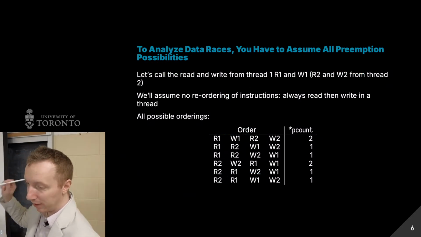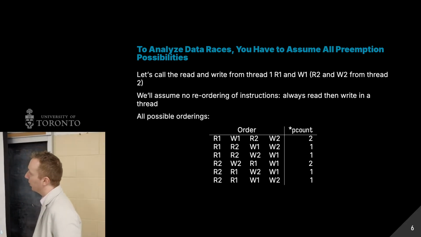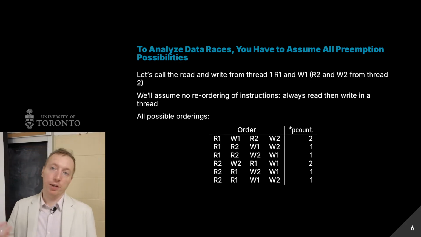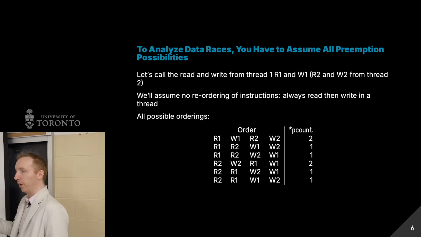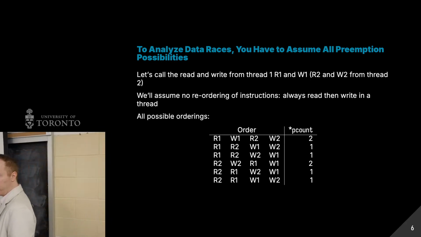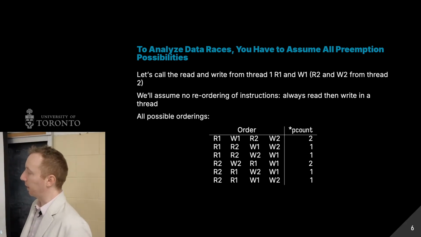All right, so again, to analyze data races, you have to assume all preemptions are possible. So the ones that are important for data races, you argue about reads and writes to a location. In this case, I don't really care about the increment or anything like that, because that's internal, independent on each thread. What I care about is count.